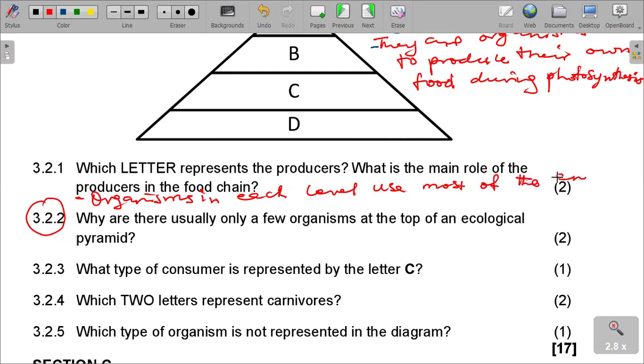They use most of the energy, which we said, I think you remember, is about 90% for their own life processes.